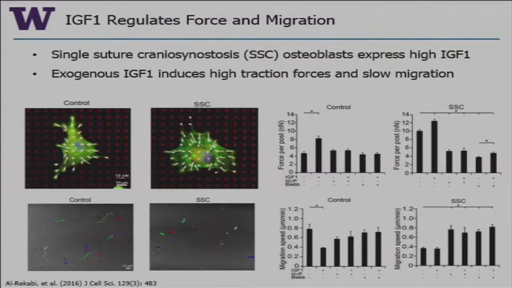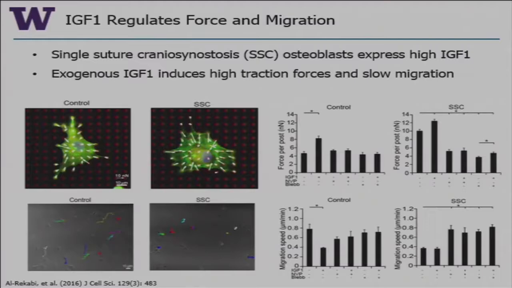With these osteoblasts, what Michael has seen was that there's a high level of IGF-1 expression in individuals who have craniosynostosis. And what we found was that this high level of IGF-1 expression increases the contractility in these cells and reduces their migration.